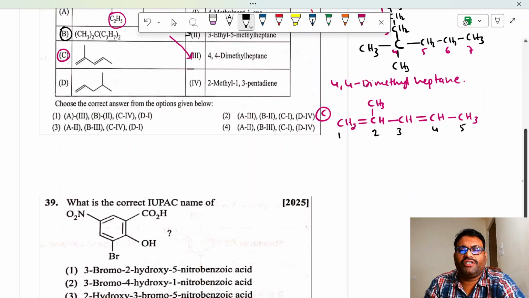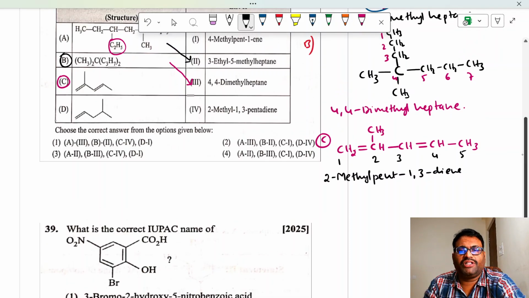So what will be the name of this? 2-methyl penta-1,3-diene. Do we have that option? According to the latest IUPAC, 1,3 is written in this way. That is the latest. So anyway, it's given.